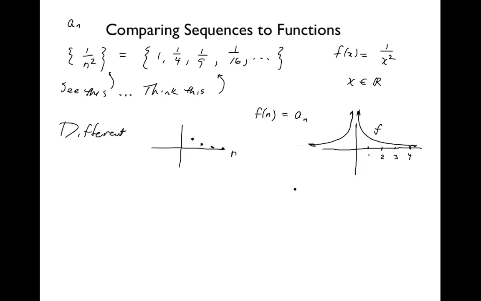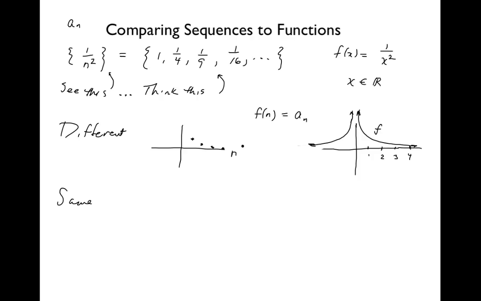How are they the same? This is the key principle we were just talking about. What about this function, looking at large values of x? It also converges to 0, right?